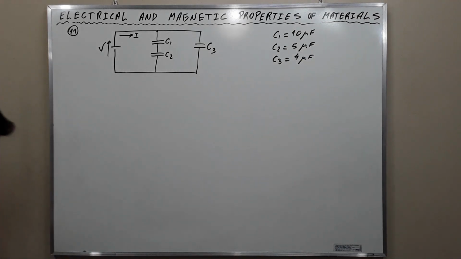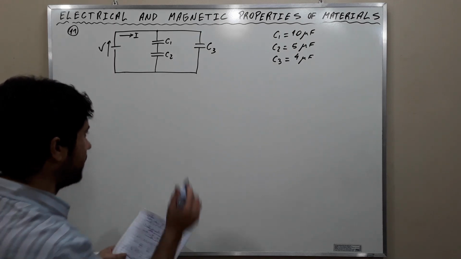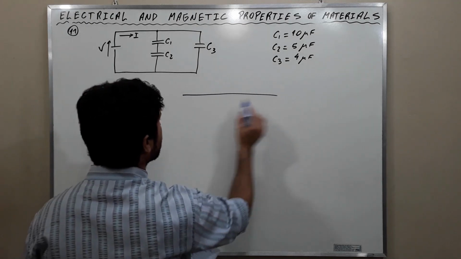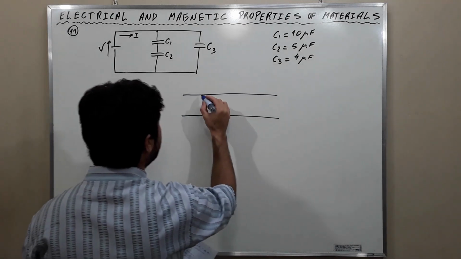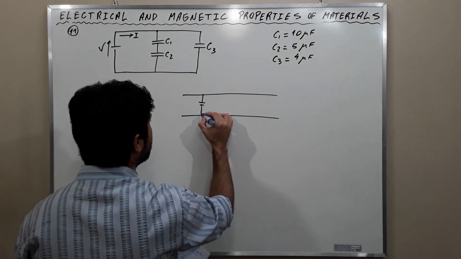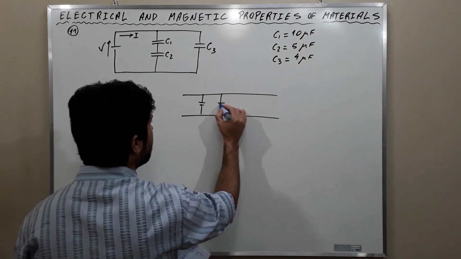Okay? So, how do we solve this? Before solving, it is fundamental that we understand the possible combinations of capacitance. Let's imagine here capacitances in parallel.